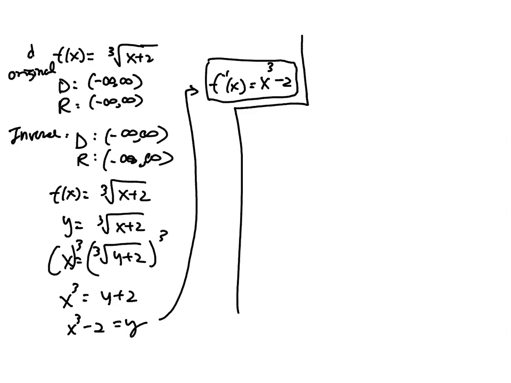Alright, last one. F of x equal x minus 3 squared minus 1. So be very careful. If you look at this one, it is a parabola that has a vertex at 3, negative 1, opening up.